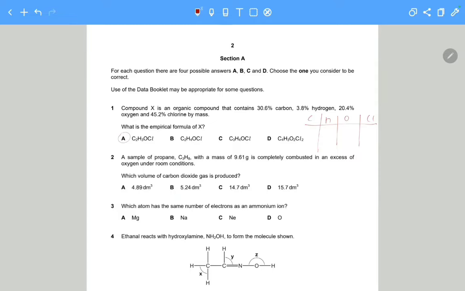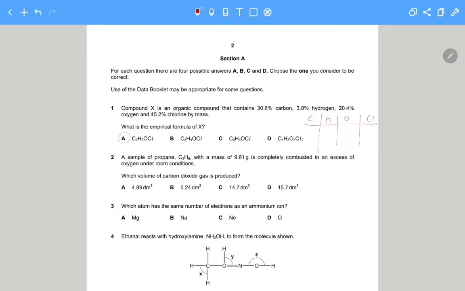So they expect you to add up all the percentages given to make sure it is 100. If it is not 100, then there's likely something missing, and in most cases, in fact all cases, the missing element is hydrogen. So you know from that how much percentage of hydrogen there is. Here they've given you everything, so you don't need to worry, but a good practice is to add everything to make sure it adds up to 100.